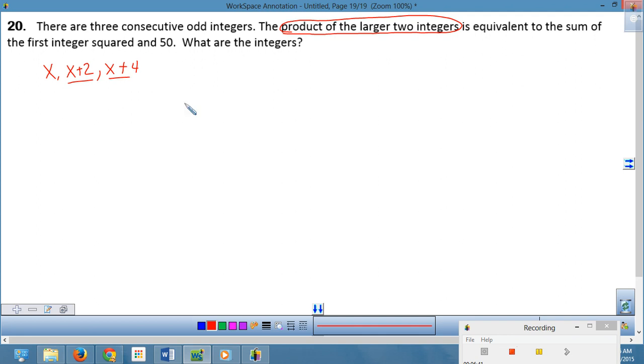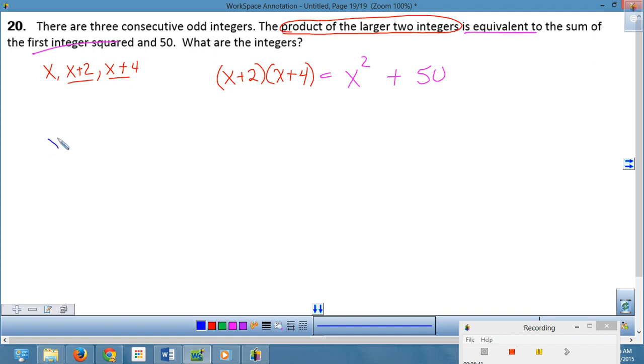So you have x plus 2 times x plus 4. It says is equivalent to, which means equals. The sum of, which we add, is the first integer squared, and 50. It's exactly the same type of question as the one before.